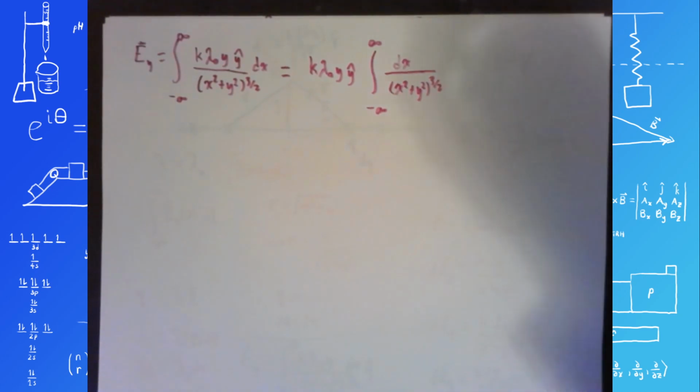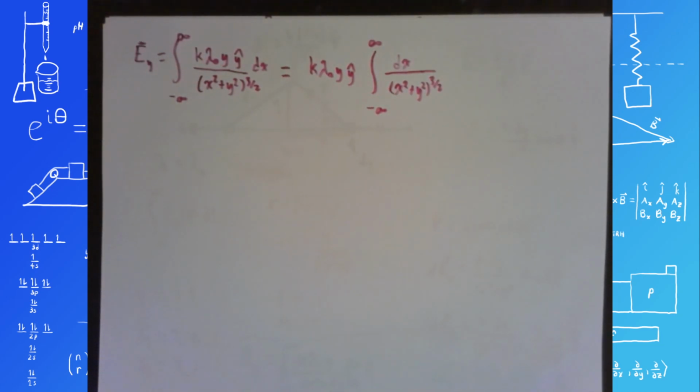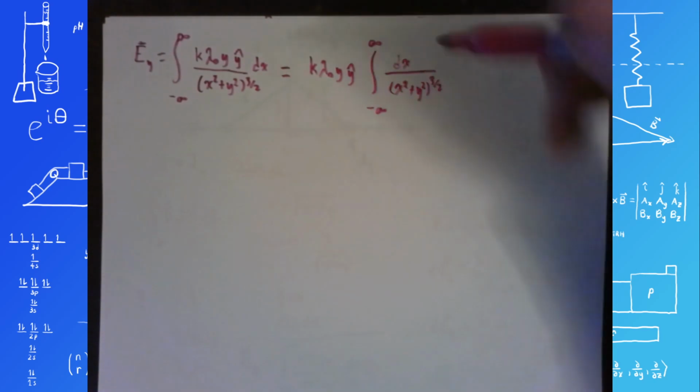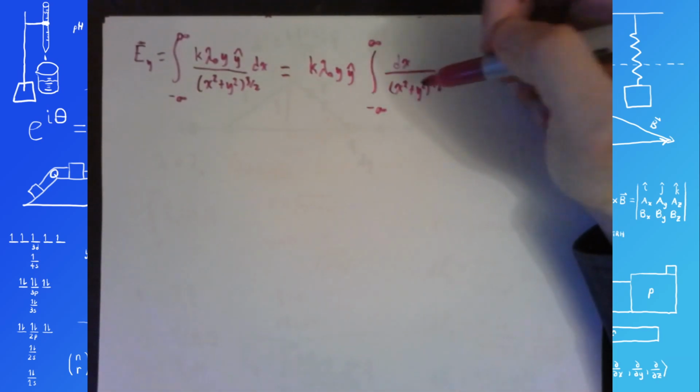Remember that y squared here is a constant, so let's see what I can do in terms of trig substitution. Constant plus x squared.